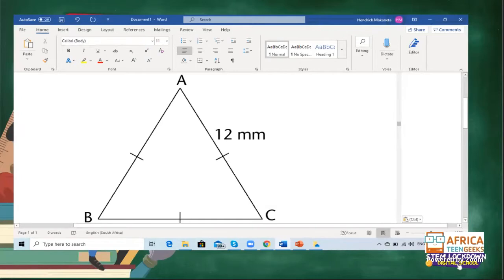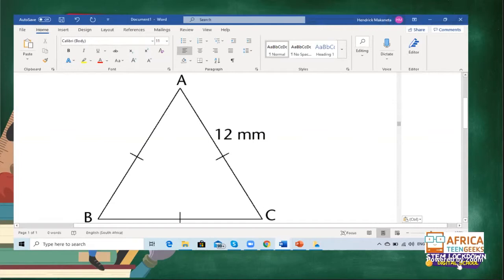But I want us to use our knowledge of triangles to calculate the perimeter. Remember, I've just given you the different triangles. I've shown you that we have an equilateral triangle, the scalene, the right-angled triangle, and the isosceles triangle.